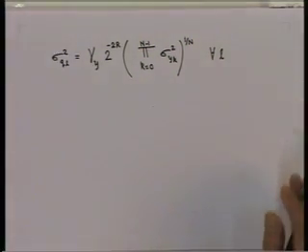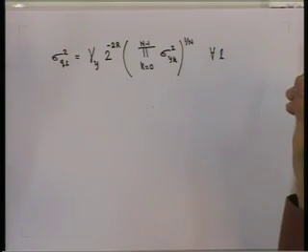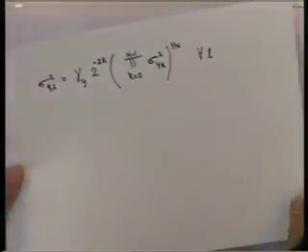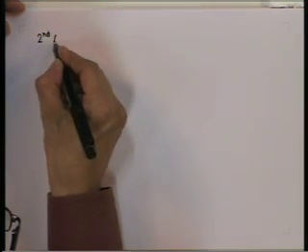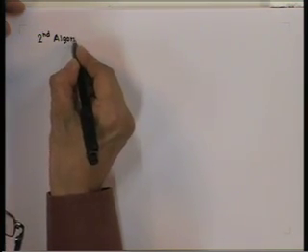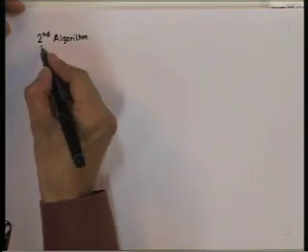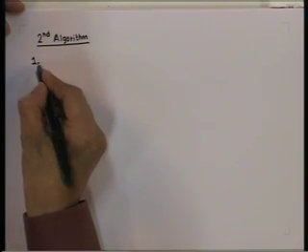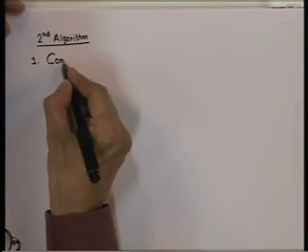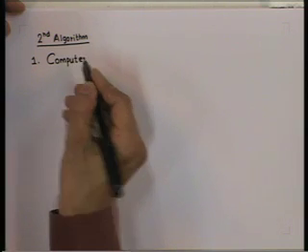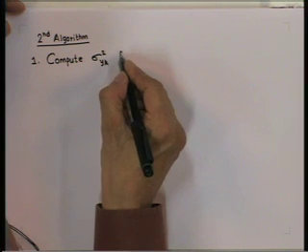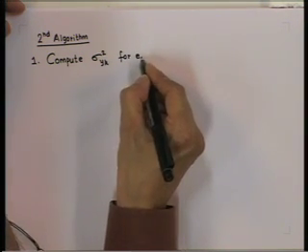Now, another algorithm that uses estimates of the variances in a recursive algorithm is as follows. First, we compute the variances for all the transform coefficients.